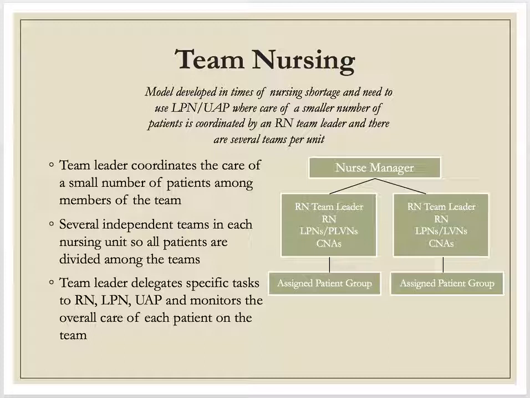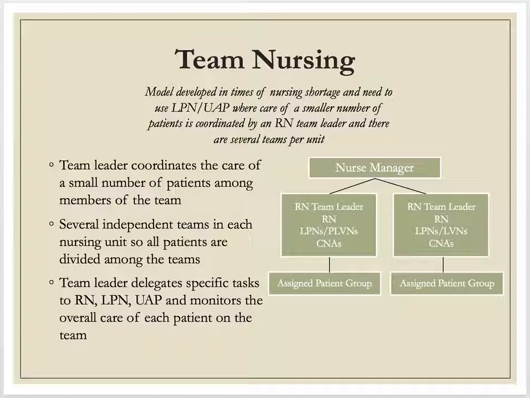The team leader coordinates the care of a small group of patients among members of the team. There are several independent teams in each nursing unit, so all patients are divided among these teams. The team leader delegates specific tasks to the RNs, the LPNs, and the UAPs, and the leader monitors the overall care of each patient on the team.